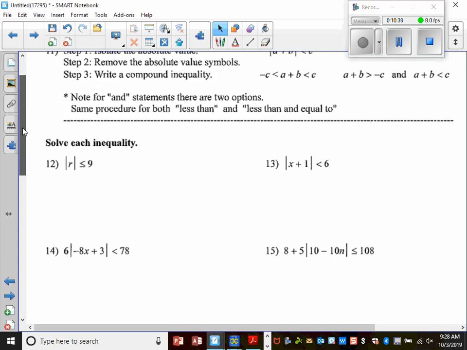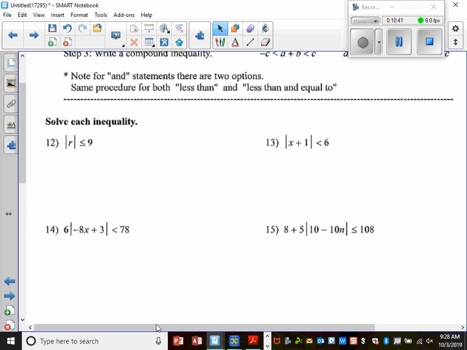Okay, so let's take a look at, and I want to start with 13. So let's take a look at 13 first. In question number 13, if I write it where you don't see the word and, you're going to put what's inside of the bars, because they're already isolated so I don't need to do anything for my first step, I'm going to put that in the middle.